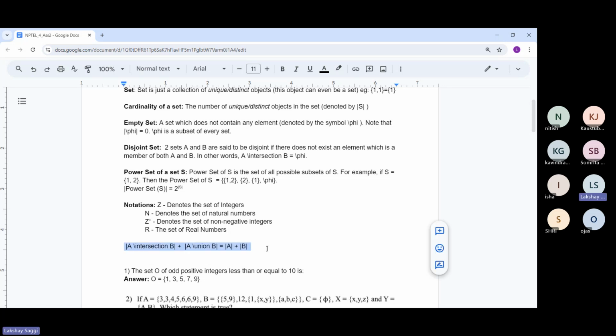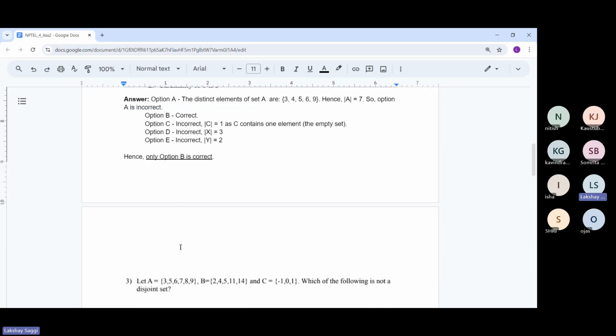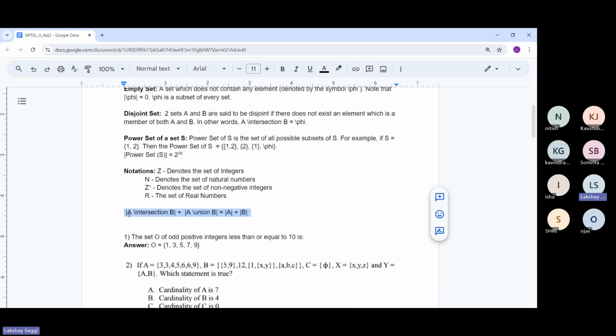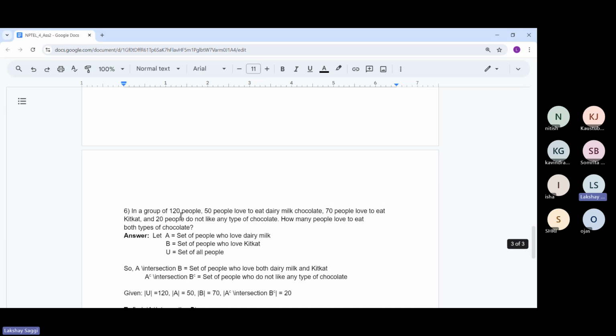If this formula is true, then to find the cardinality of A intersection B in the problem, it is just cardinality of A plus cardinality of B minus cardinality of A union B. Right?